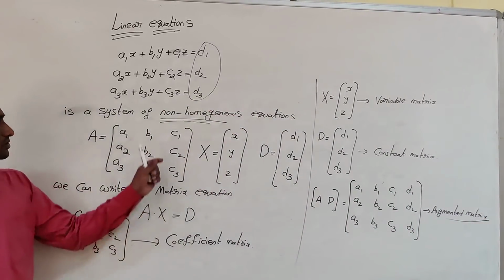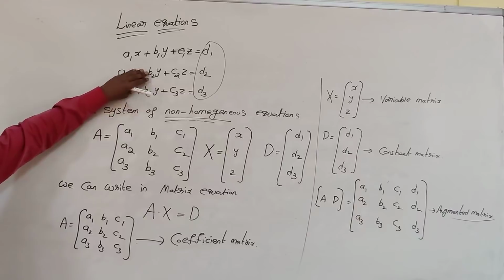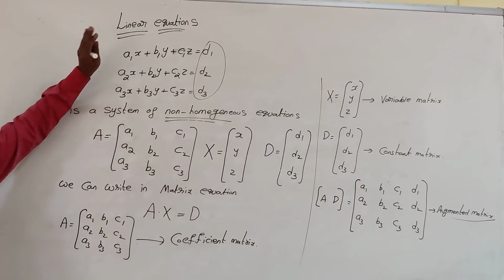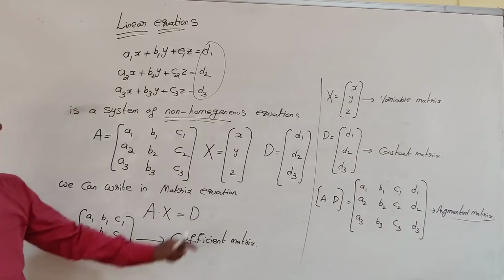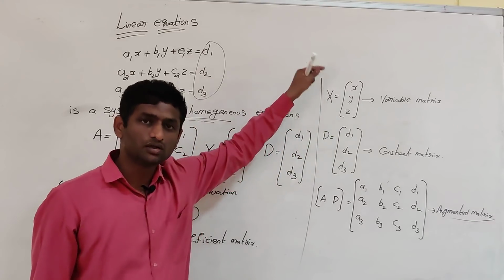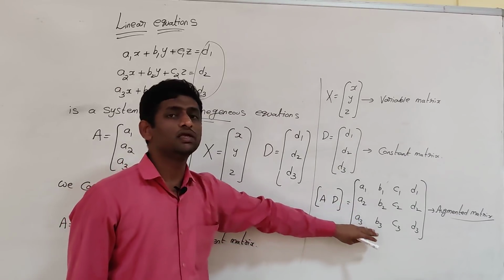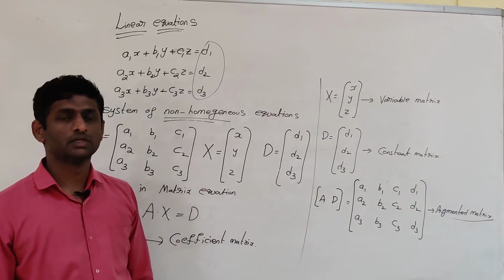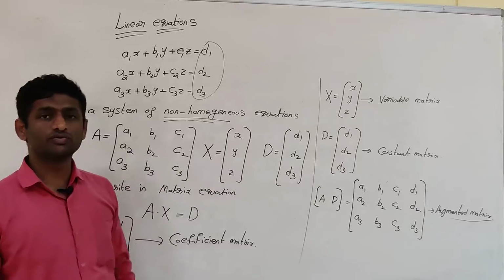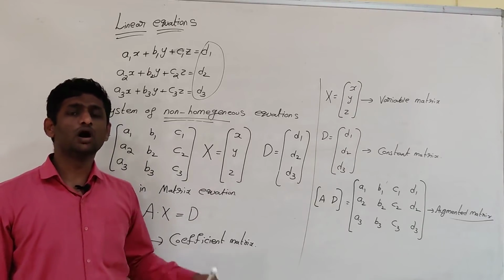So from the system of three equations in three unknowns, A is the coefficient matrix, capital X is the variable matrix, capital D is the constant matrix, and AD is the augmented matrix.